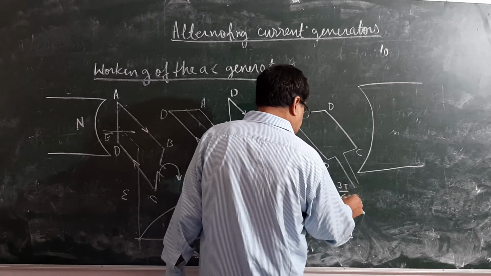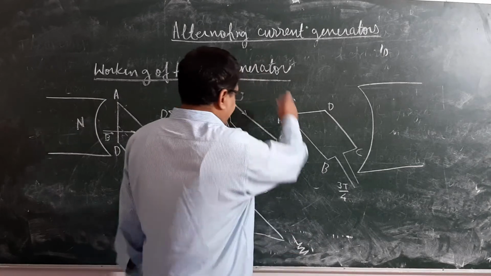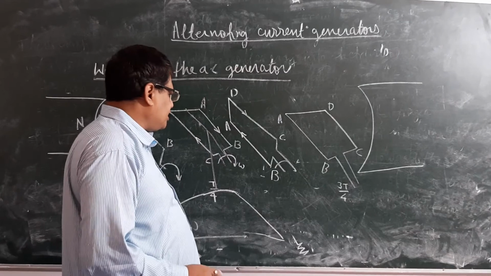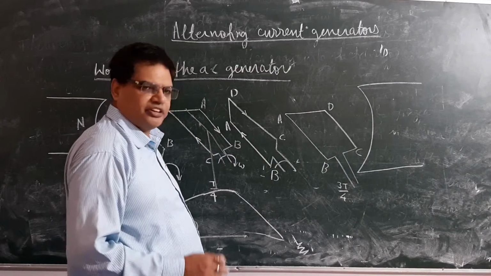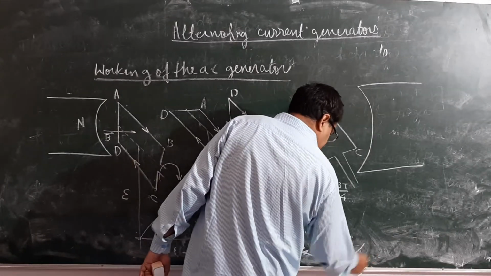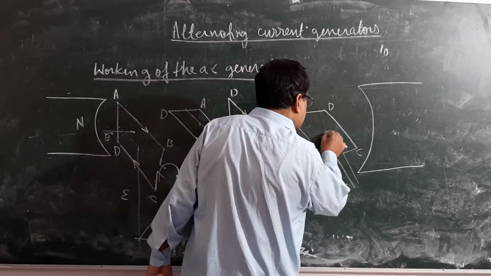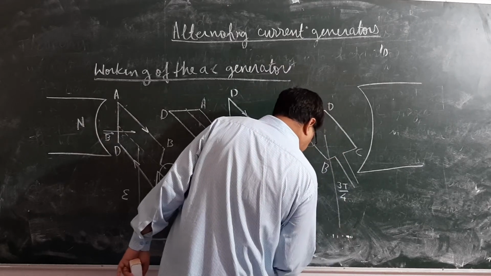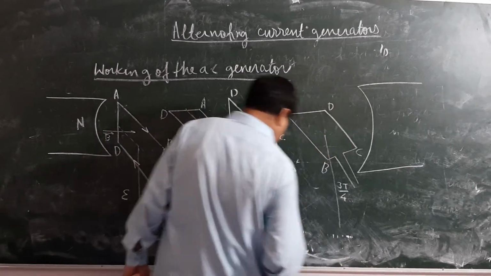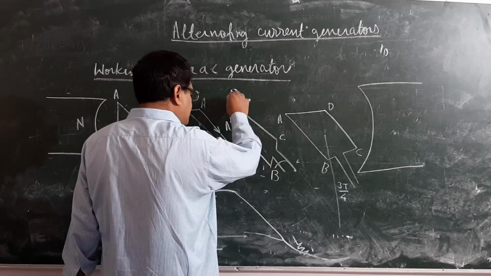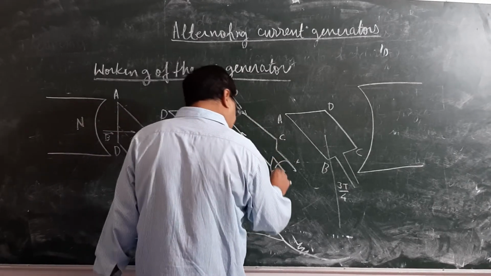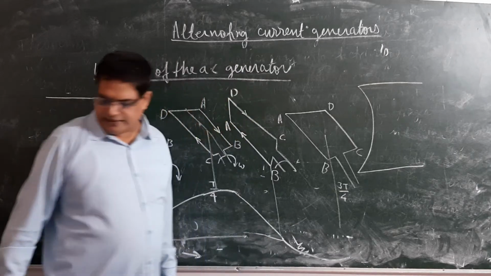During 3T by 4, once again, the ends AB and CD will cut maximum flux, but the direction of the current will become reversed. So here, in this case, corresponding to this position, the EMF will be maximum in the negative direction. Now here in this case, as I told you, EMF is 0 because it is cutting minimum flux. So we can show it like this.